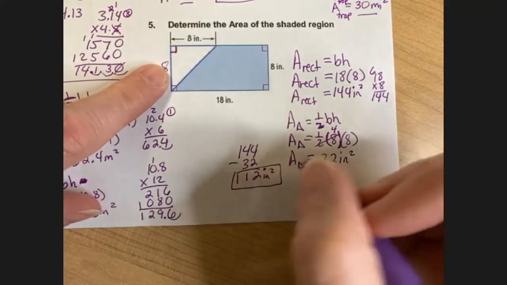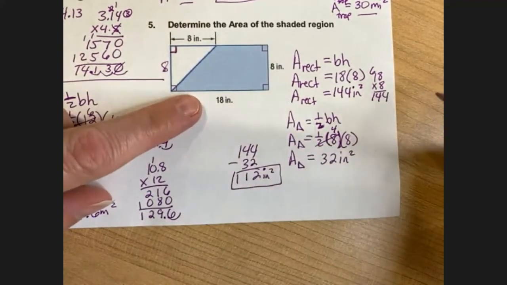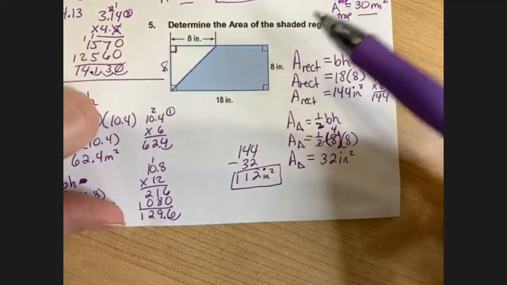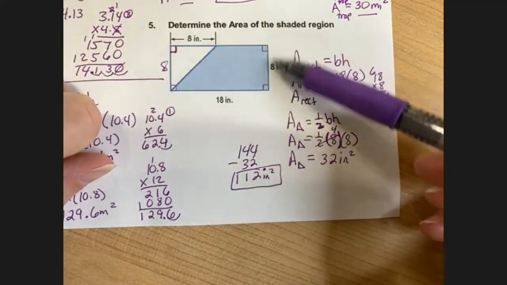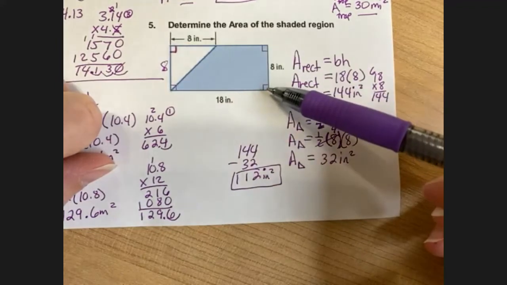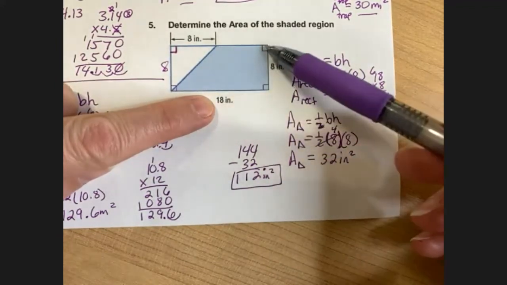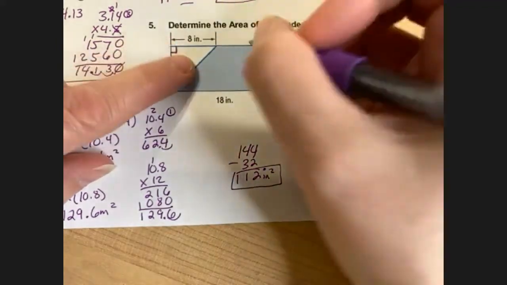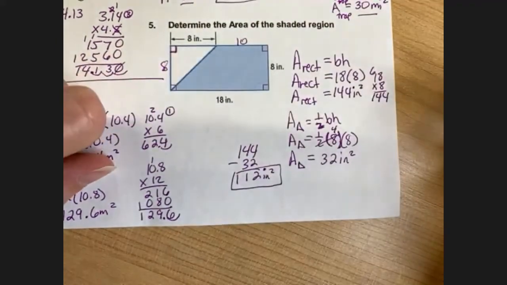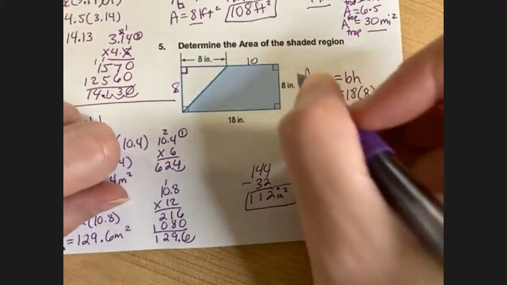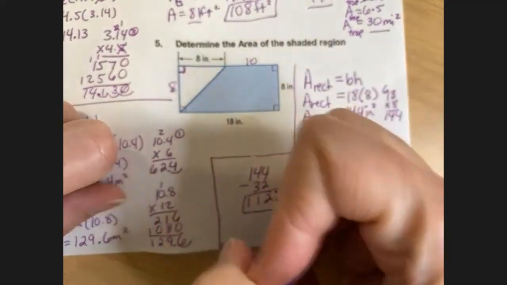Now there is a different approach to it. If I just wanted the blue part, I could have calculated the area of a trapezoid, because you have base 1, which is 18. You have base 2 by subtracting 18 minus 8. You know this distance is 10 right here. And I'm just going to show this in one other way.